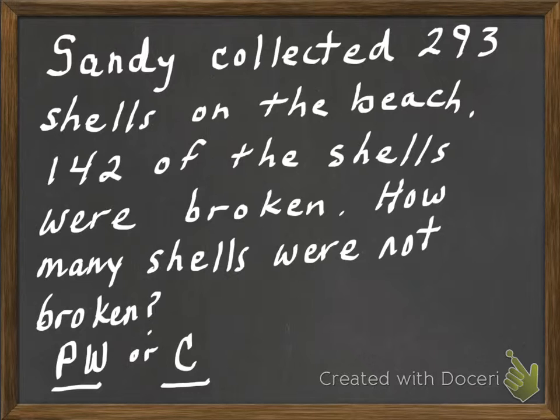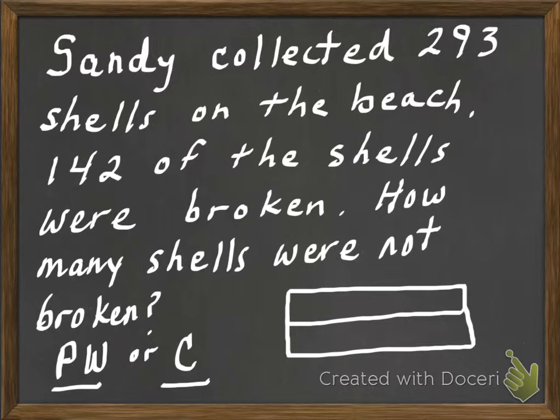I hope you were able to determine that this is another part-whole problem. So, the bars will touch, and we know the number of shells collected was 293. We know that some of those shells were broken.